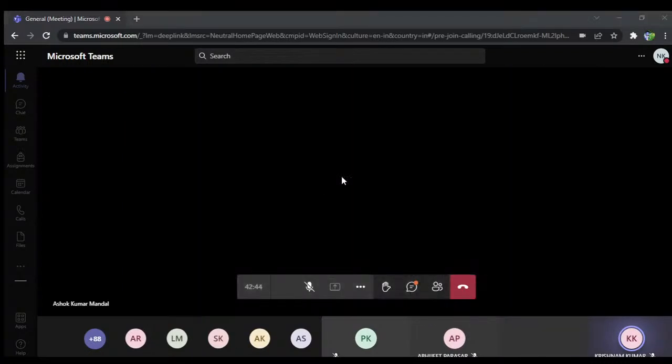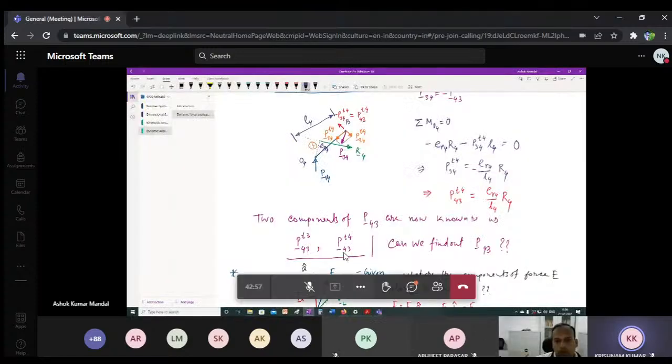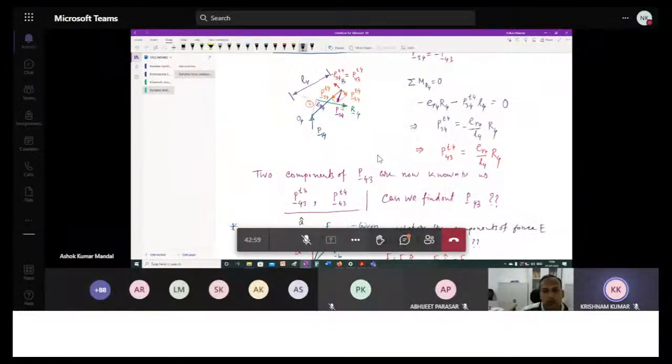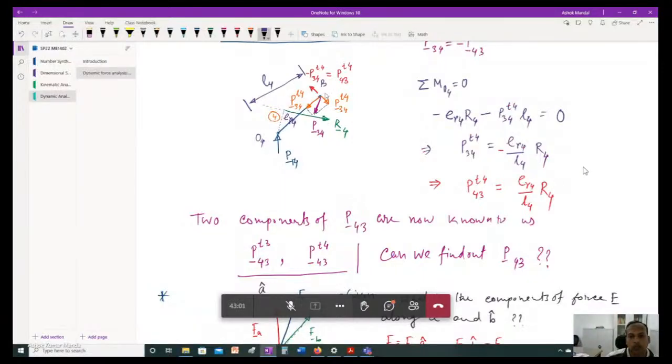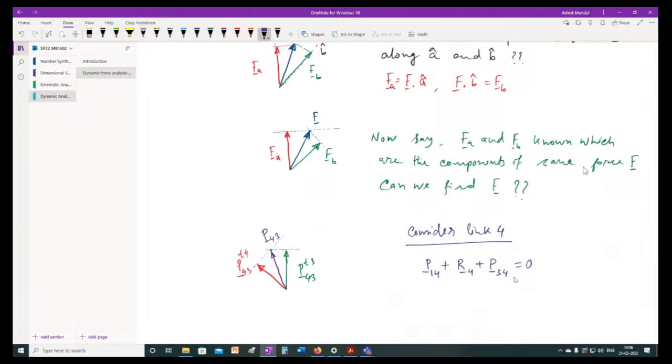Just see from here, P14 is the force acting here. R4 is another force which is acting on this link. And P34 is the third force which is acting on this link. So these are the only three forces which are acting on this link. Then we can write this down, right?